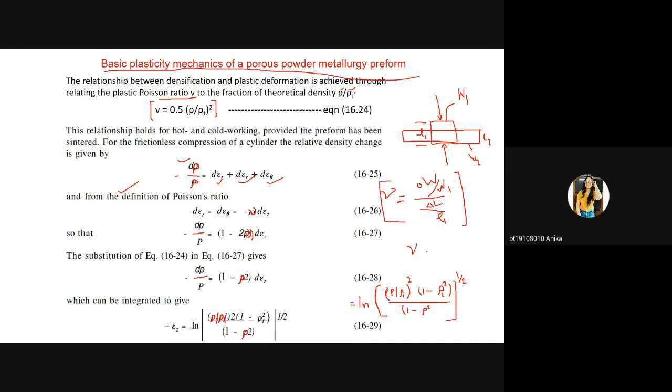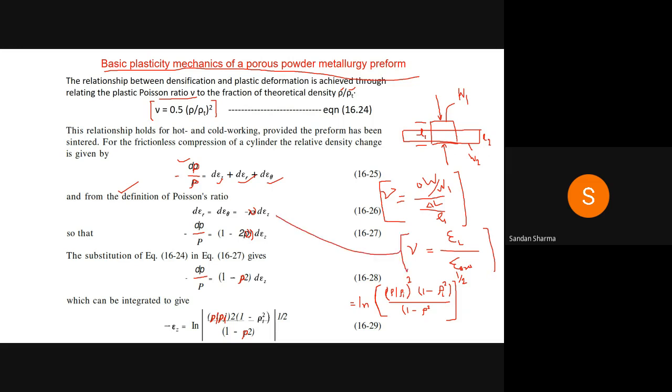So it is actually nu: the change in the lateral direction over the change in the axial direction. Axial direction means the direction in which you are applying pressure, and lateral direction means the other direction. So this will be your nu.